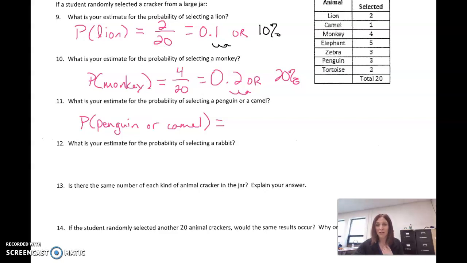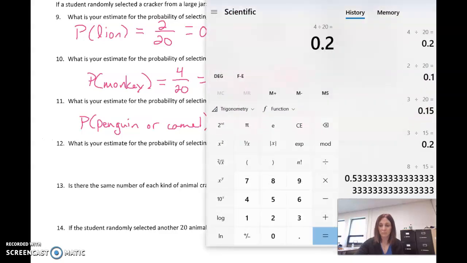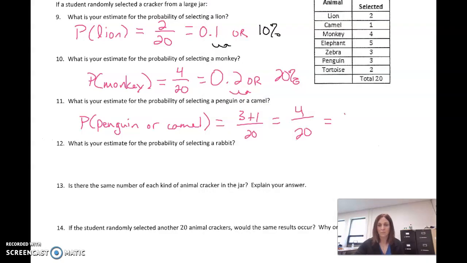But we're okay if we select a penguin, which was 3, or a camel, which is 1. So that's going to be a total of 4 out of our 20, because it doesn't matter which one we pick. So we have a total of 4 events that we want out of that jar of animal crackers. If you change that to a decimal, 0.2. Or again, guess what? That's 20%.